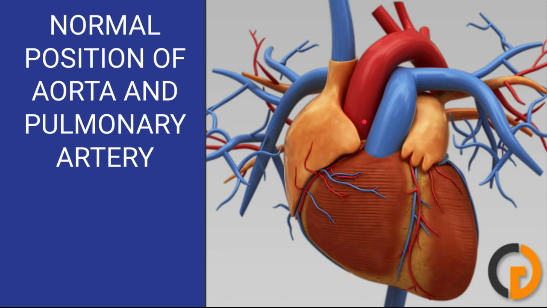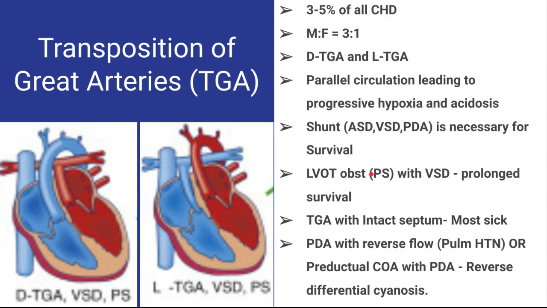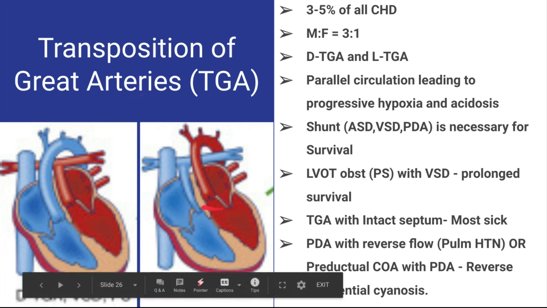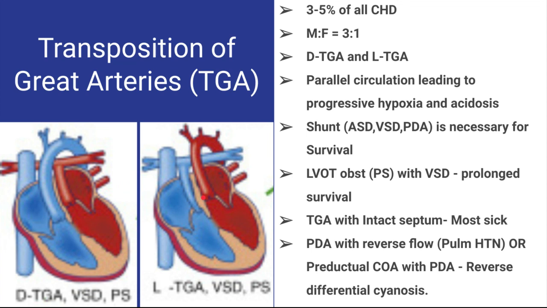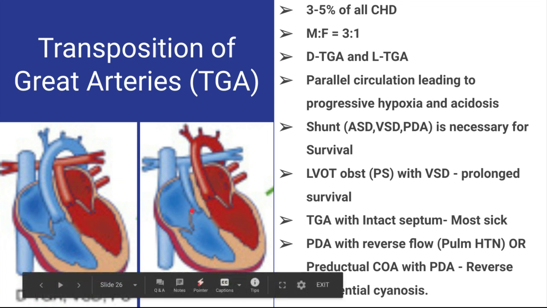And if aorta is on the left side, it is called LTGA. So this is DTGA and this is LTGA. Here aorta is on right side and here aorta is on left side.